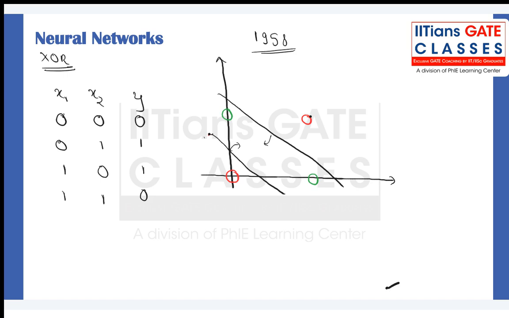What I mean by this is, let's say these two lines are two hypothesis functions, h1 and h2. This is one line, h1, this is another line, h2, right? So this is my h1, this is my h2.